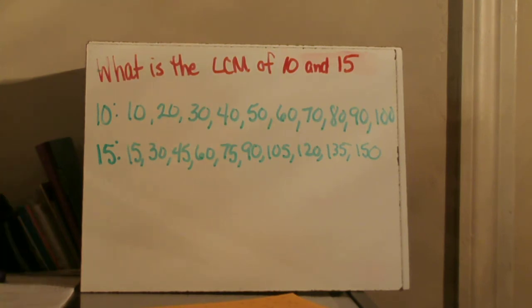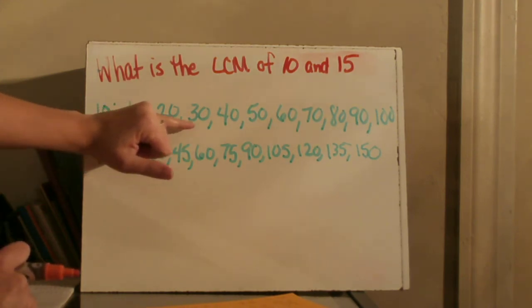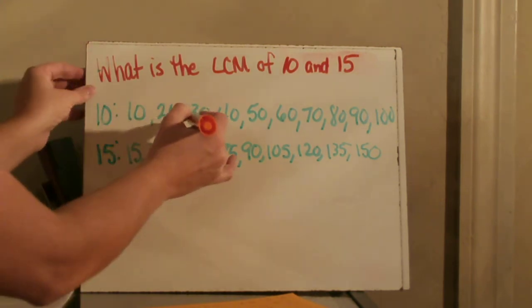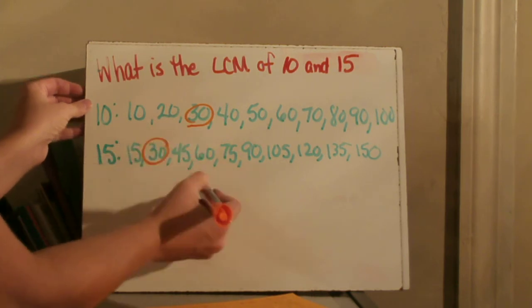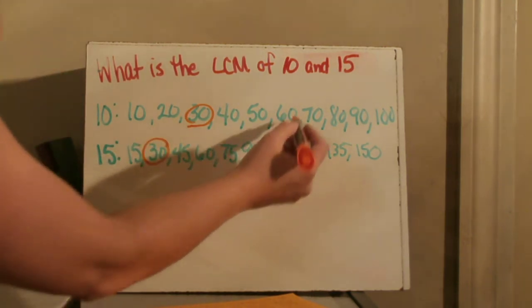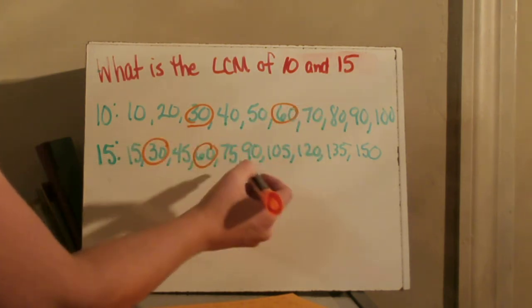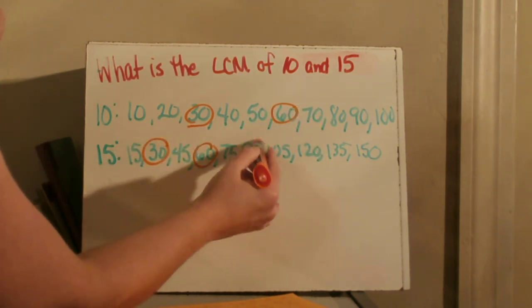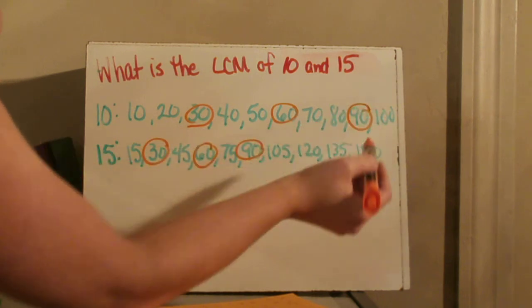Okay? So I have listed the first 10 multiples of both 10 and 15. Now I'm ready to pick out the multiples they have in common. I see that the number 30 is in both the top and bottom list. They also have 60 in common, and they both have 90 in common.